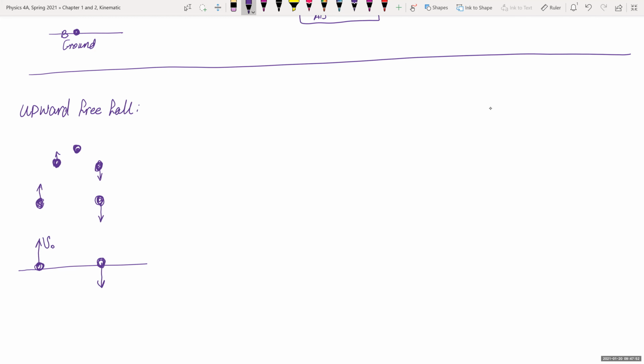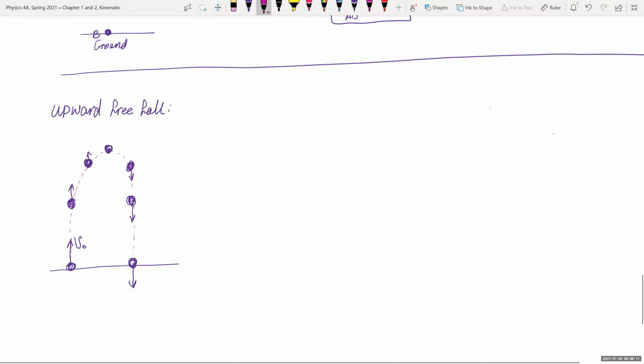This is called upward free fall, and it makes a trajectory, a path like this. But it's all on the y-axis.